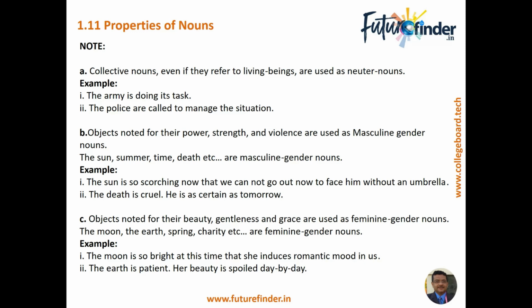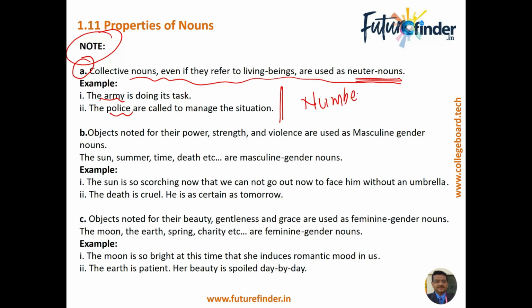The first note is about collective nouns, like army, police, etc. These are a form of neuter nouns. They don't have a gender, but they are always treated as singular in number. This is very important.